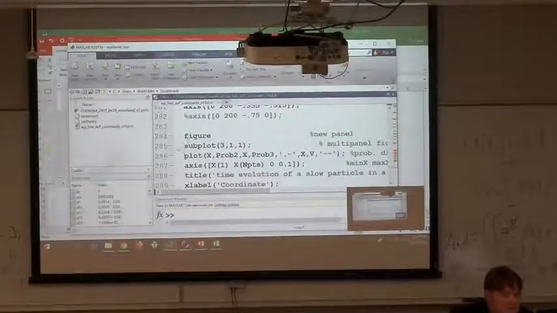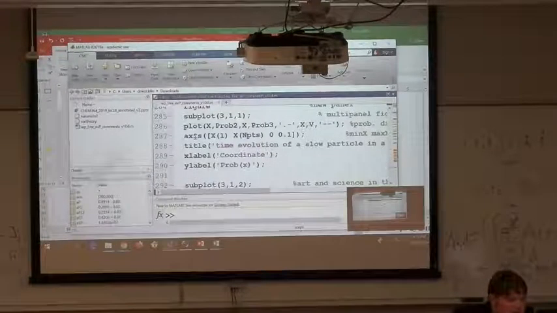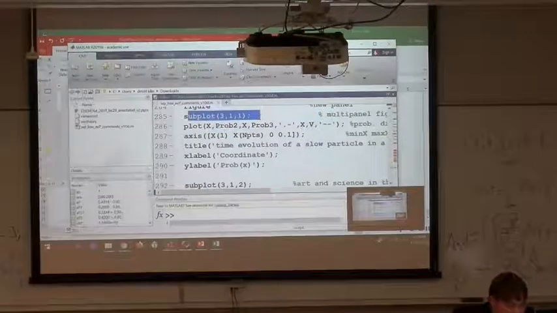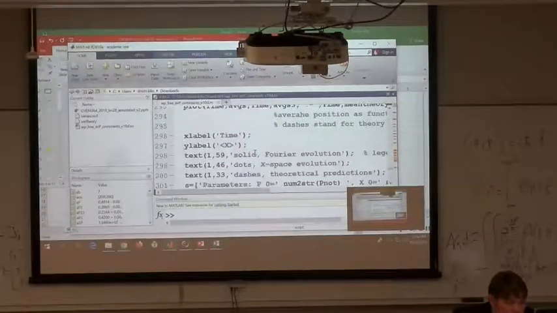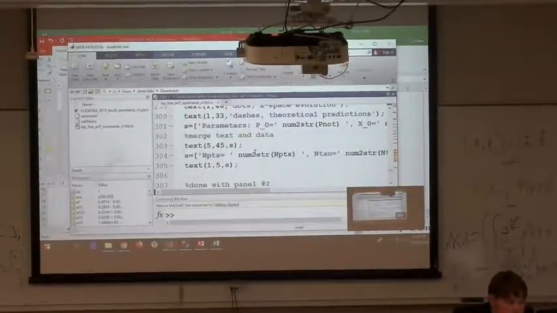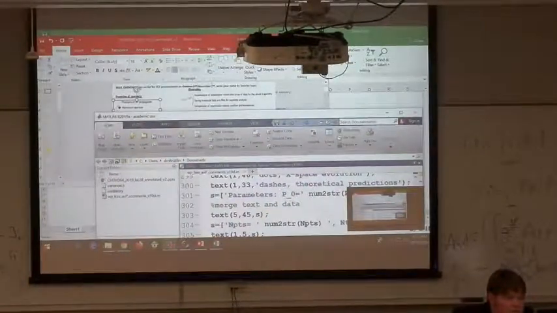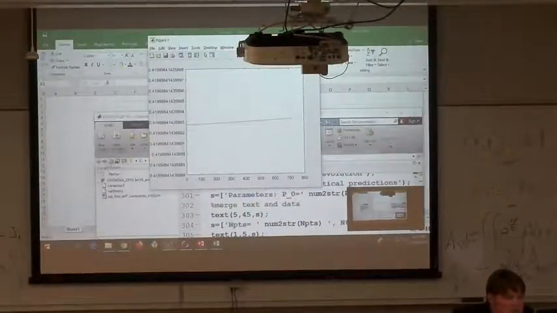you see this figure, several figures, and these subplot commands. Let's just look at what is being generated.